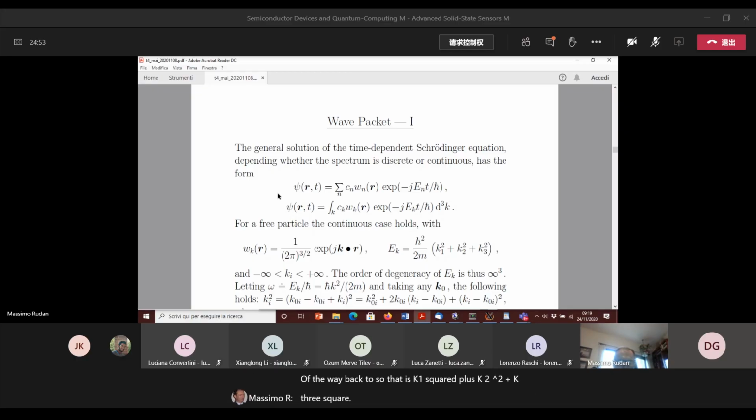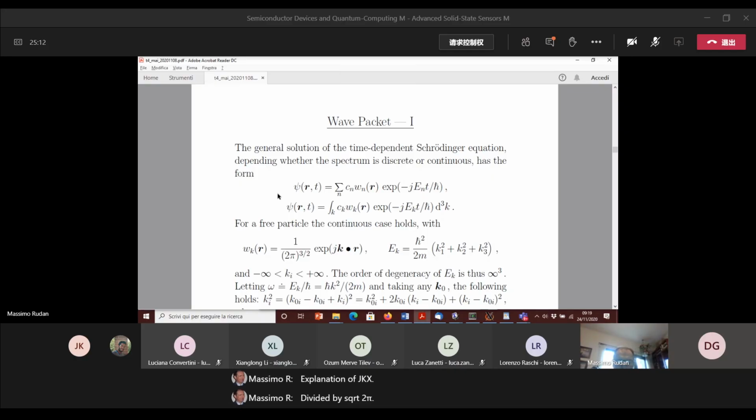And the eigenfunction, you remember, in the one-dimensional case, the eigenfunction is exponential of j kx divided by the square root of 2 pi.